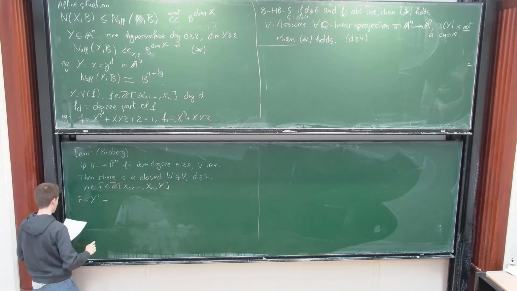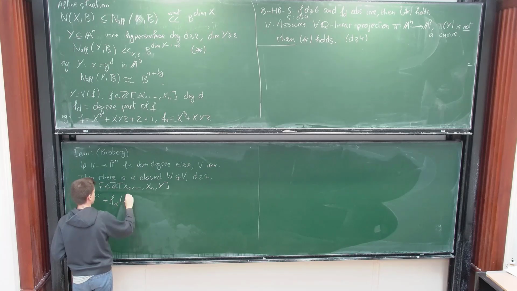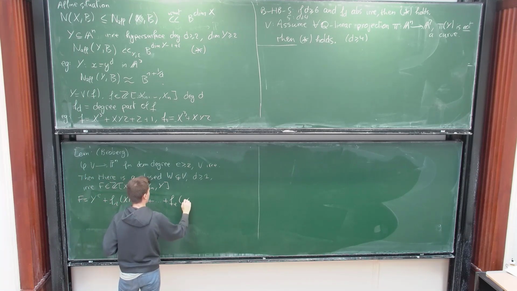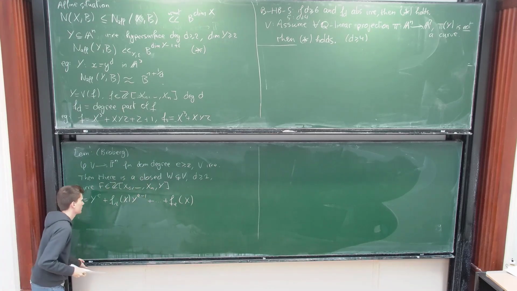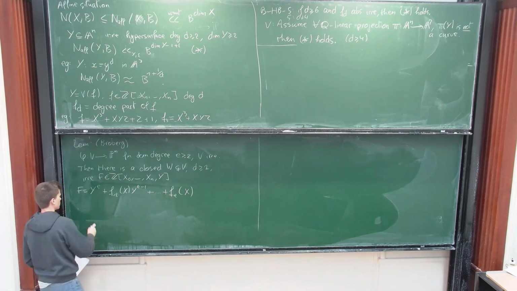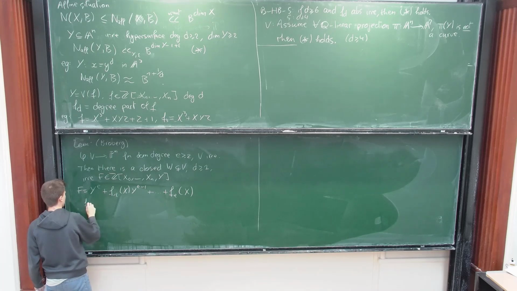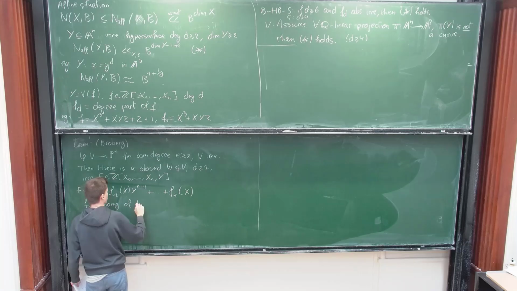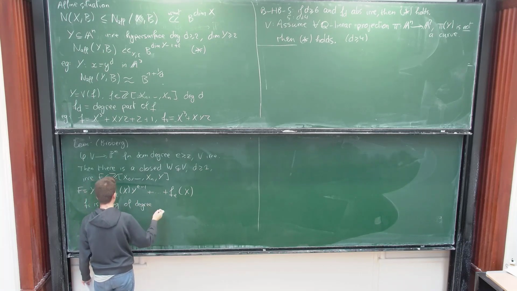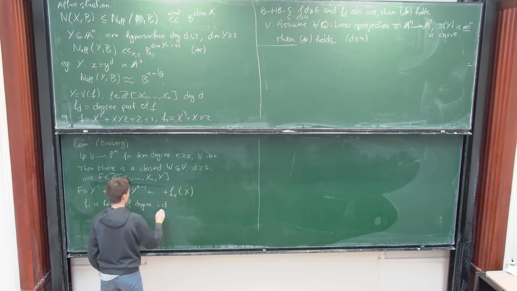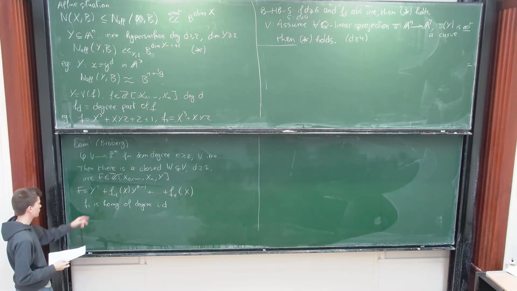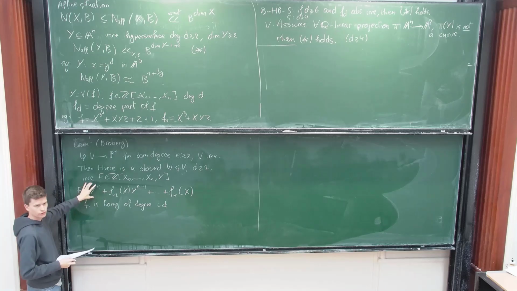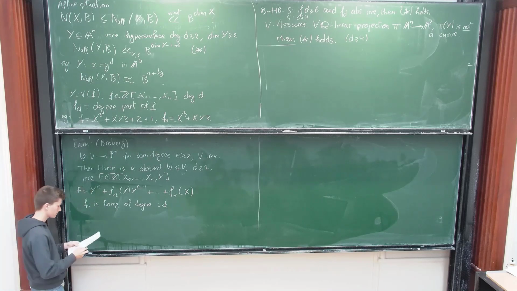So it's monic in Y. And it's weighted homogeneous, so each f_i is homogeneous of degree i times d. So if you give y weight d and all other variables weight 1, this is really just a weighted homogeneous polynomial.